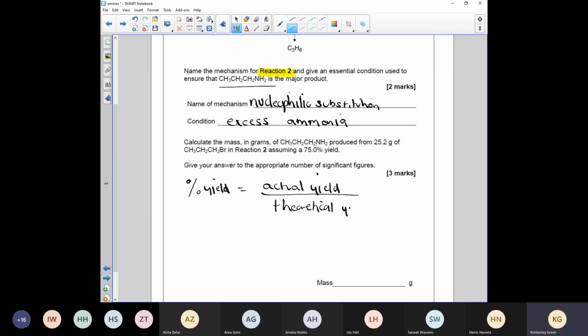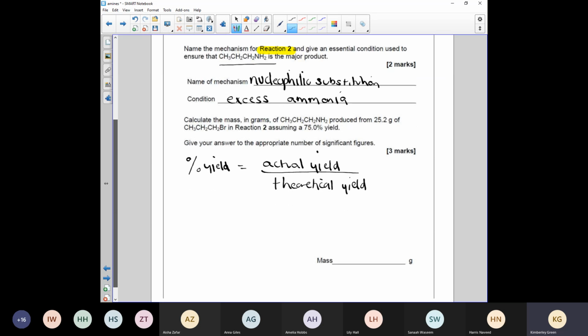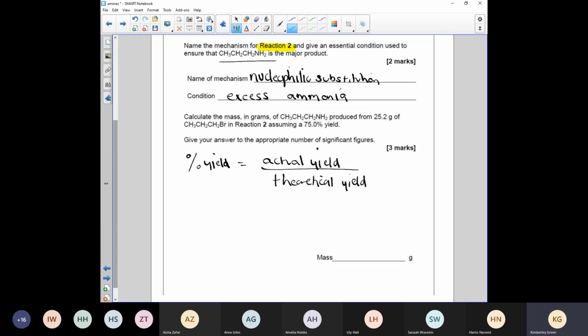Right, so this is an interesting one because it's actually calculating the mass in grams produced from 25.2 grams, assuming a 75% yield. So we've already got our percentage yield, 75%. And we want to work out our actual yield, what we are going to get.